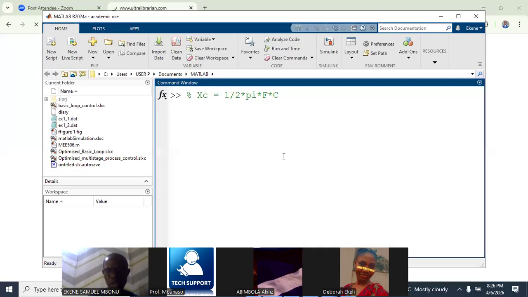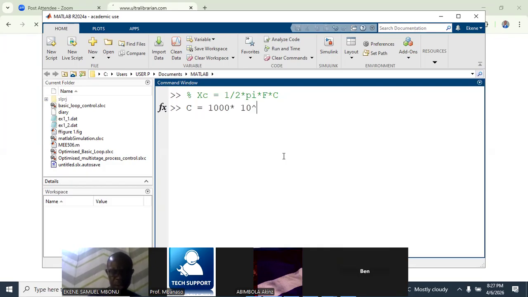Okay. So I want to plot the graph of the reactive impedance of a capacitor versus frequency in the MATLAB environment so that you have a visual understanding of what I mean. So let's say we have C equal to 1000 microfarad, which is equal to 1000 times 10 raised to power minus 6.